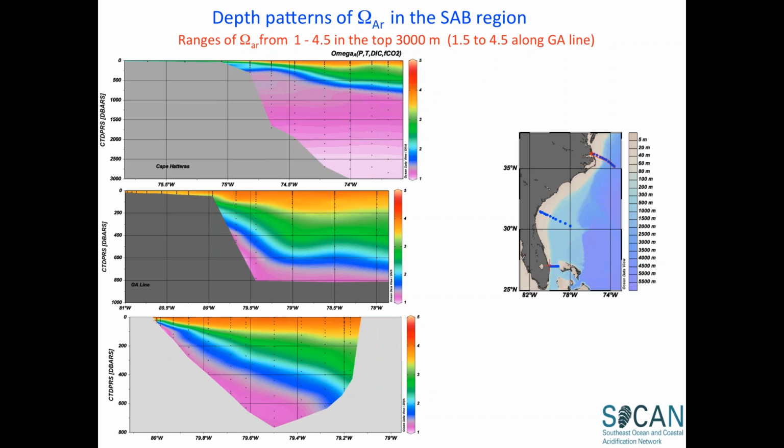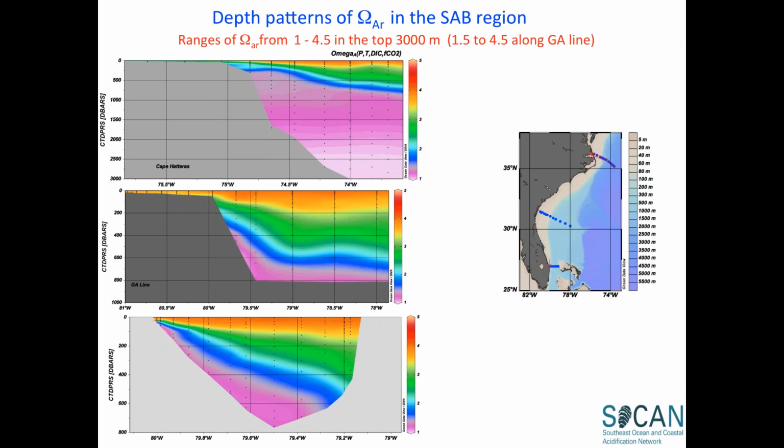From a saturation state perspective, it definitely is not. We have very, very low saturation state waters on the western side of the Gulf Stream, which again impacts the South Atlantic Bight. We can see that evidence in the middle panel. You see this very low water creeping up the coast, and this is water of South Atlantic origin.